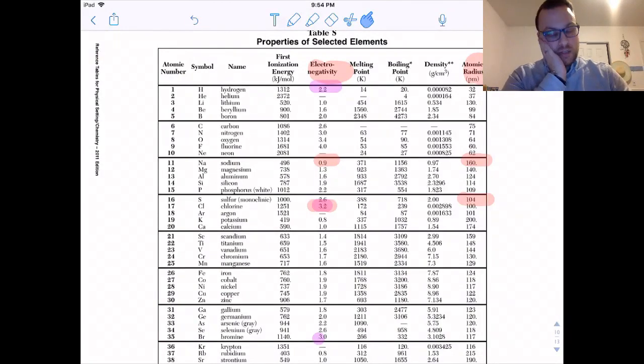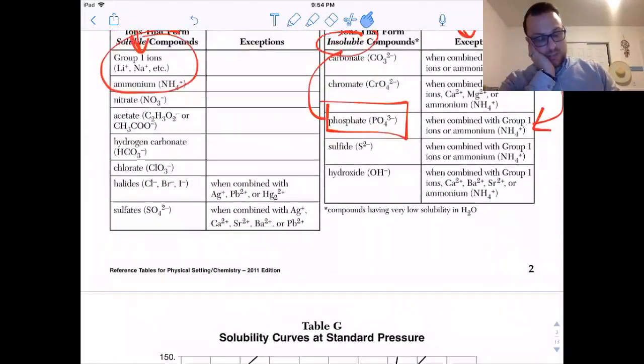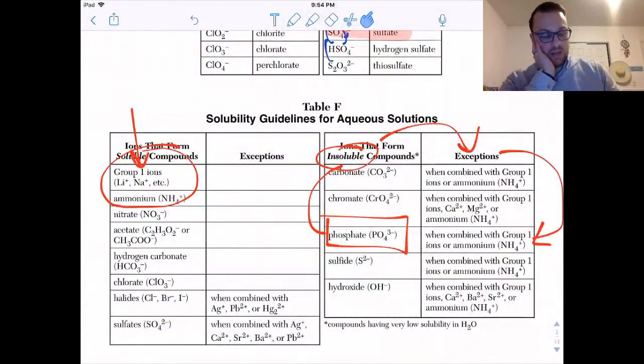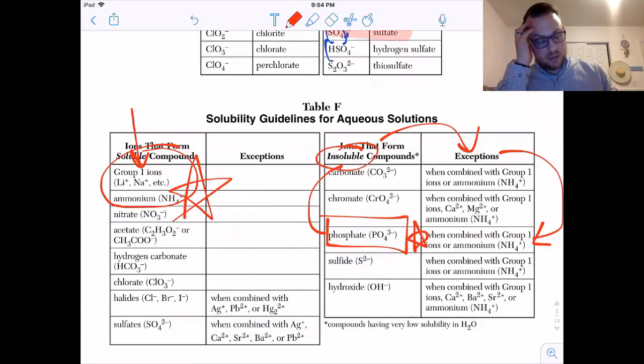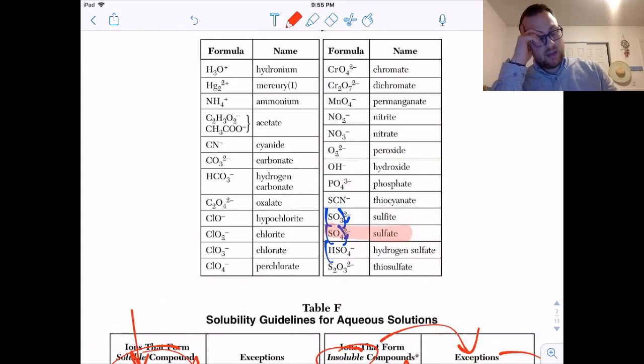Phosphate, sulfate, halogens. Those are the big ones they ask about in the subject test. I highly encourage you to memorize all these for the subject tests, but the popular ones are usually what you're going to see, which is these guys: carbonate, ammonium.